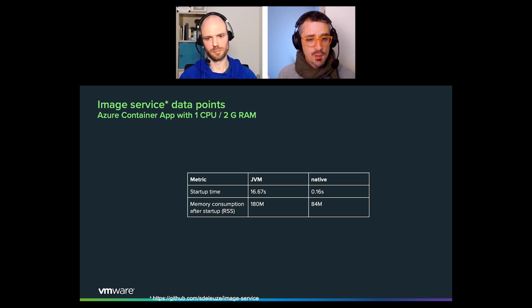And in terms of memory consumption, you can expect to have at least half of the memory consumption after startup on native. And on some applications that will be more, but that really depends on your application. And that's what we have currently with Spring Boot 3.0. As Moritz is going to share, we have some upcoming improvements to reduce even more the footprint in the future. Next slide, please.